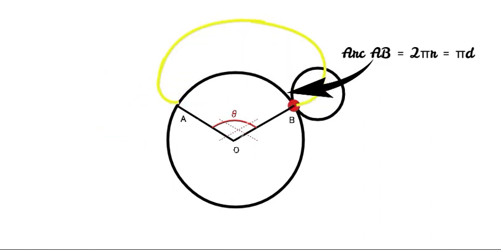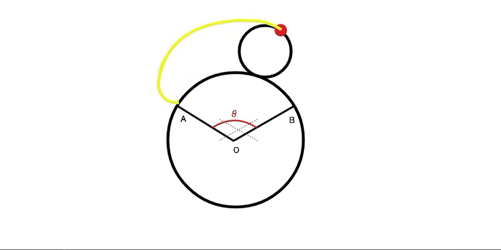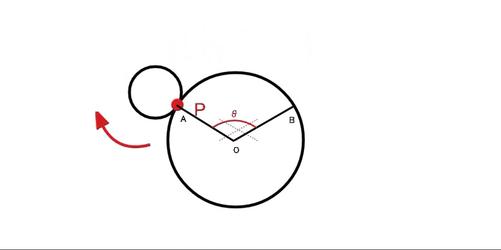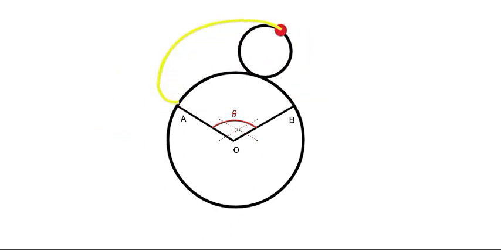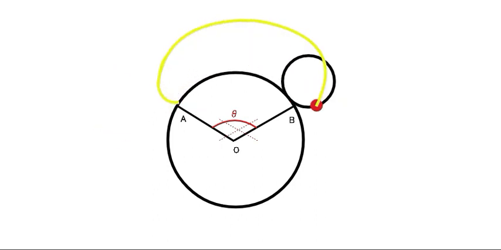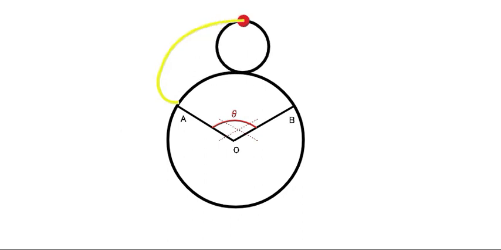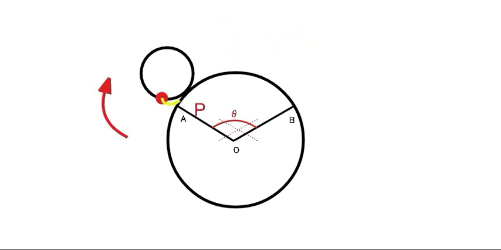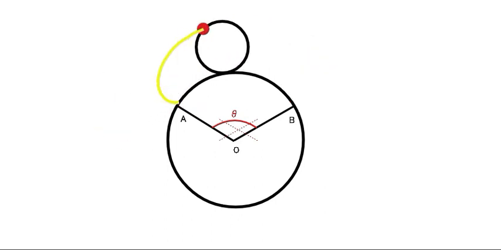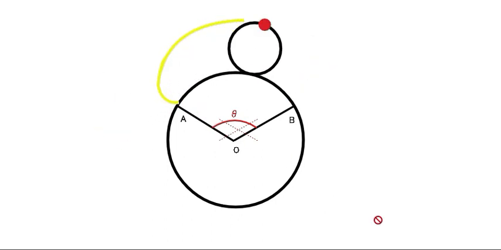Here the distance covered is not in a straight path as in the cycloid, but in the shape of an arc. So for one complete rotation of the generating circle it displaces a distance of 2 pi r, that is in the form of an arc.